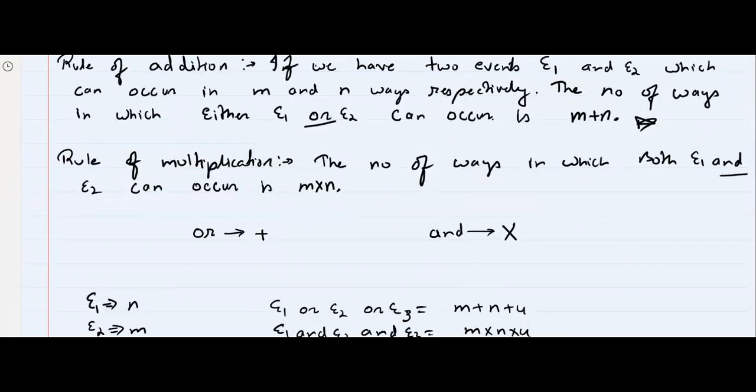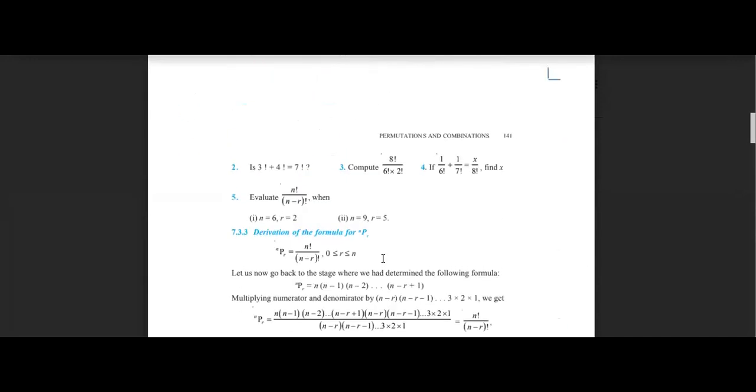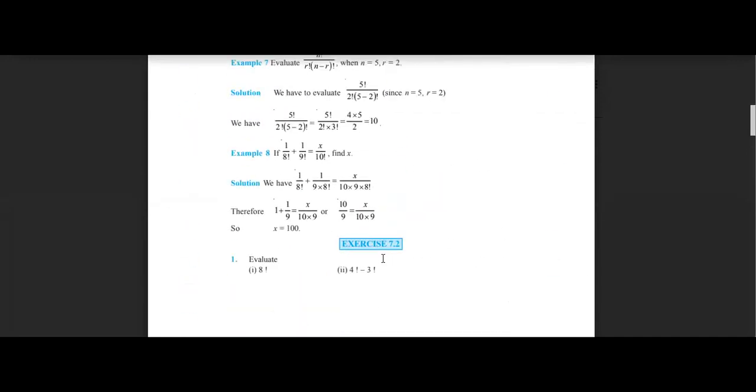Okay, wait, I'll show you the full process. See, just see this. 1 by 8 factorial plus 1 by 9 into 8 factorial is equal to x divided by 8 factorial into 9 into 10.